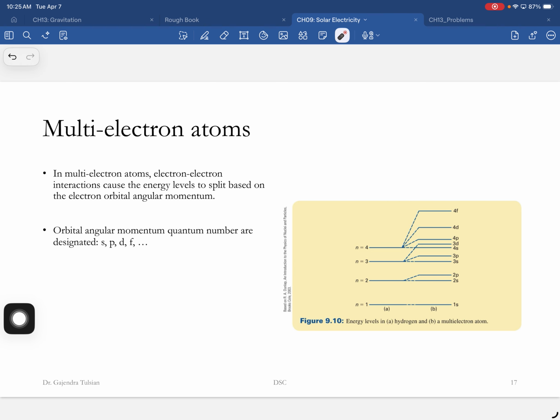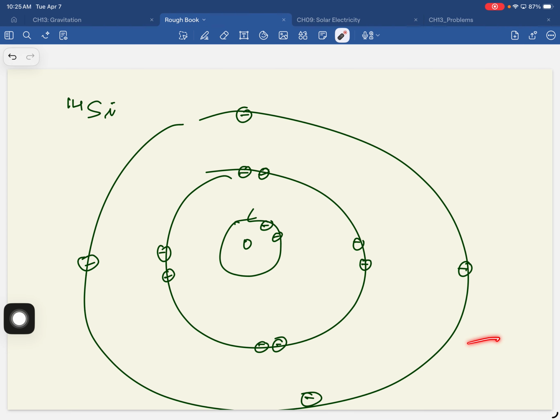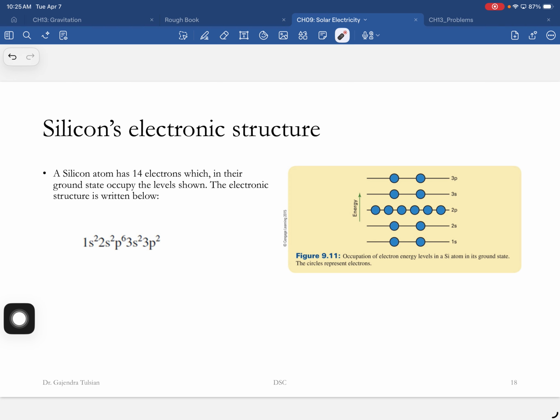Then n equal to 2 has 2s and 2p sublevels. 2s has 2 electrons, and 2p has 6 electrons. And then n equal to 3 has a 3s level, 3p level, and 3d level.